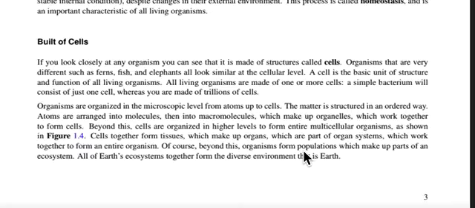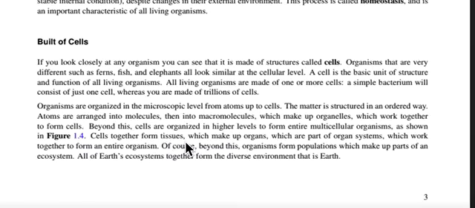Organisms are organized at the microscopic level from atoms up to cells. The matter's structure is ordered this way. Atoms are arranged into molecules, then macromolecules, which make up organelles, which work together to form cells. Beyond this, cells are organized in higher levels to form entire multicellular organisms, as shown in figure 1.4.